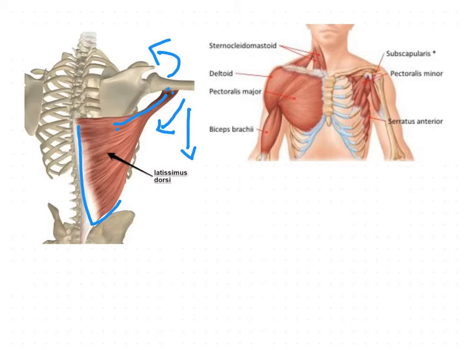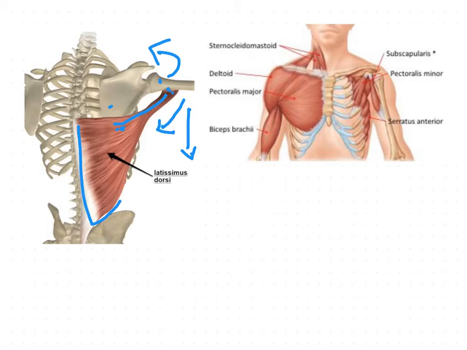So here the first action is that the latissimus dorsi muscle produces adduction, extension and medial rotation of the humerus. Through its attachment to both the scapula and the humerus, the latissimus dorsi can also adduct and depress the scapula and also the shoulder complex.